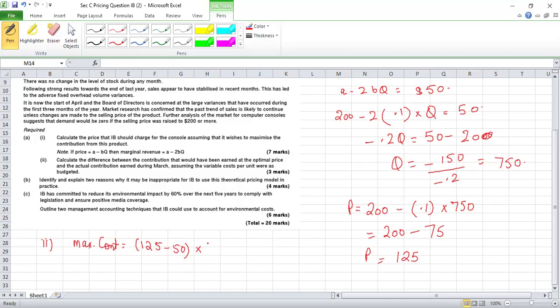Optimum quantity will be 750 if I am selling at 125, and actual contribution is what? Actually we sold at 120 minus the same variable cost, but at 120 we have a demand of 800. So we calculate maximum contribution: 125 minus 50 into 750, so 56,250.